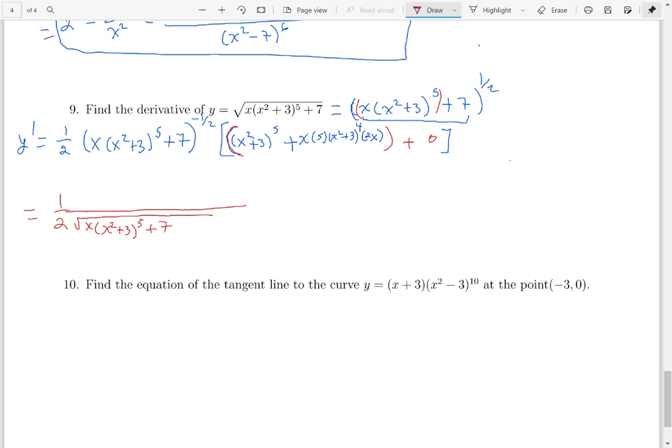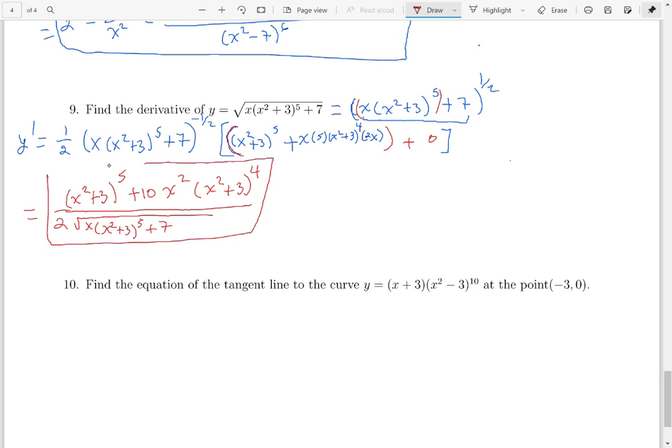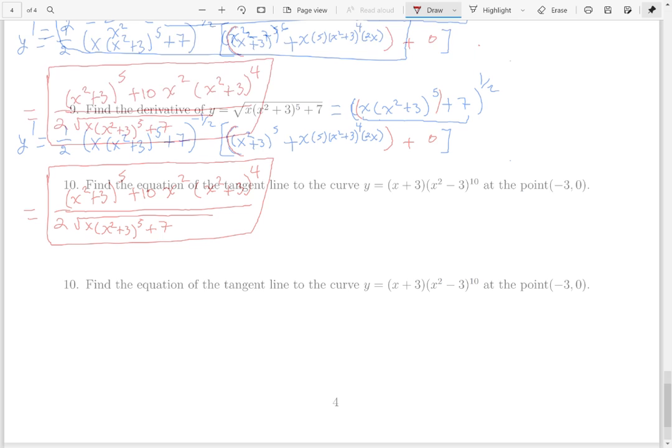And then on top, we're left with 1 times x squared plus 3 raised to the 5th power, plus 2 times 5 is 10. X times x is x squared, times x squared plus 3 quantity to the 4th. I think that's about as much as I can clean it up. But there we are. That's our derivative, y prime.